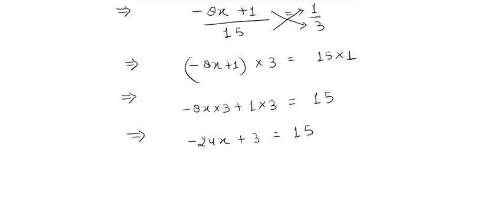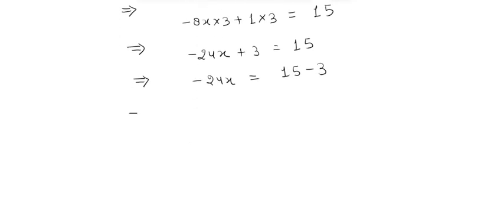Transpose the number to the right side, so we will get minus 24x is equal to 15 minus 3, which is 12. Dividing by minus 24, x is equal to 12 divided by minus 24.